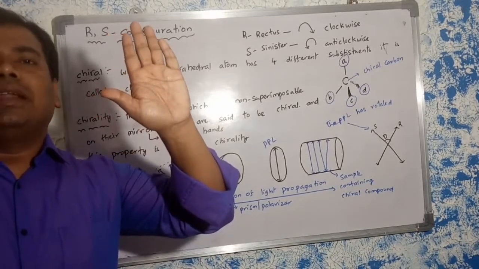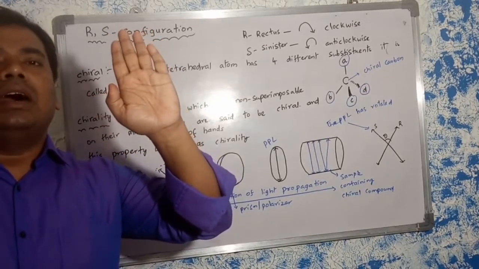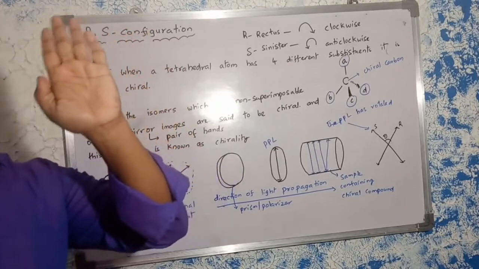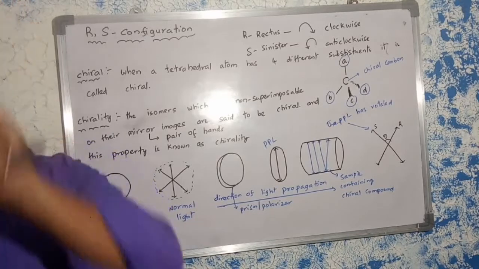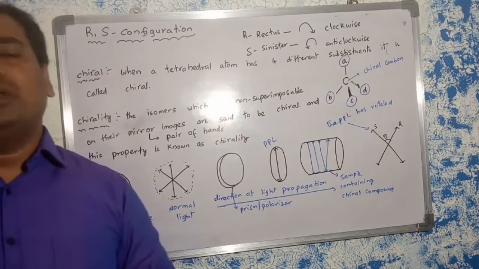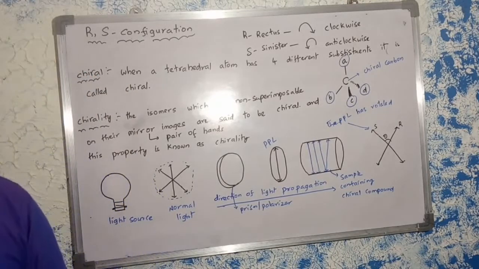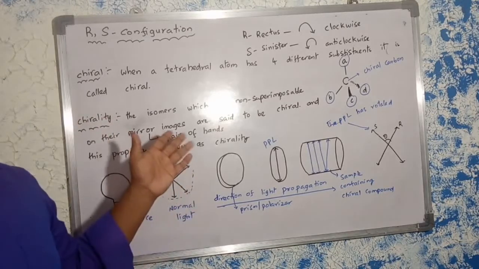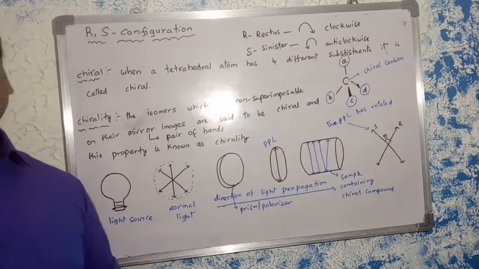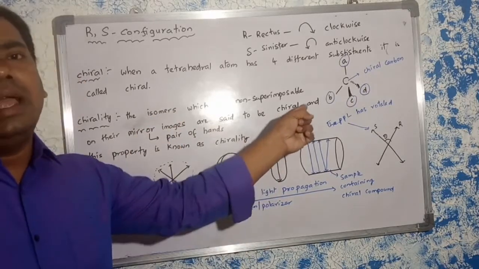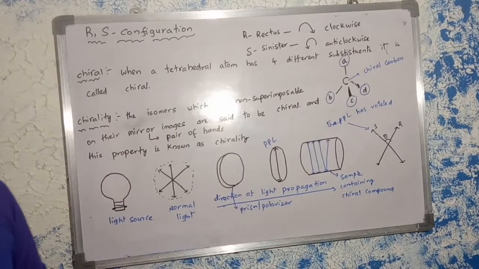Here the right hand and left hand are a pair of mirror images, but they are not superimposable. These non-superimposable mirror images show optical isomerism, and these isomers we call chiral, and the property is known as chirality.